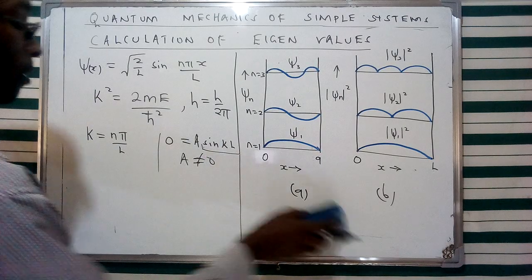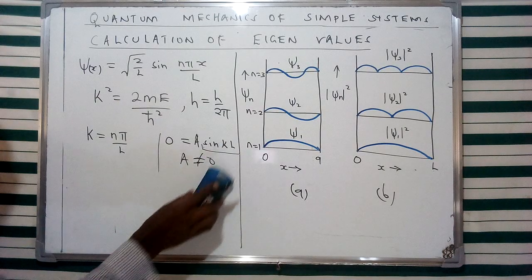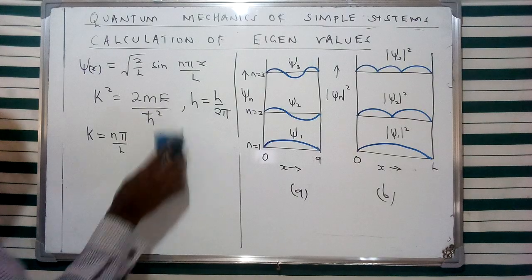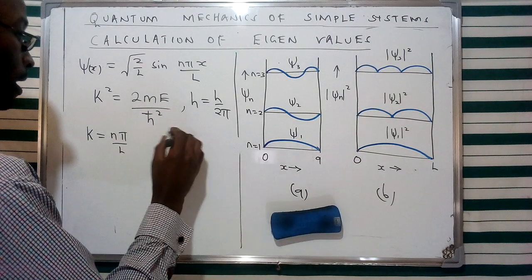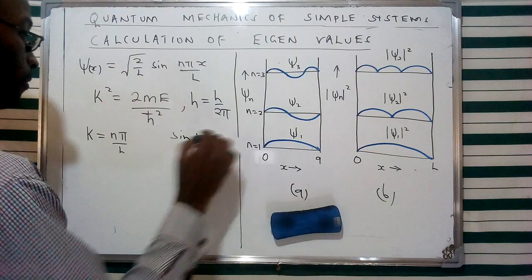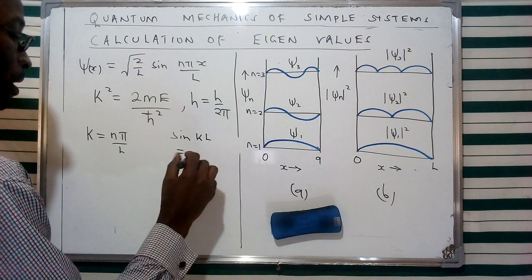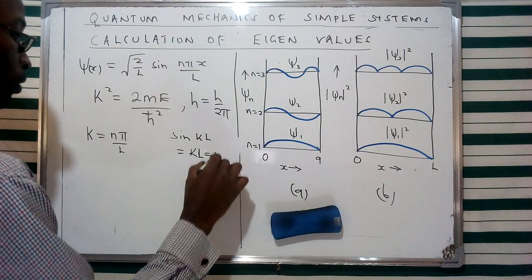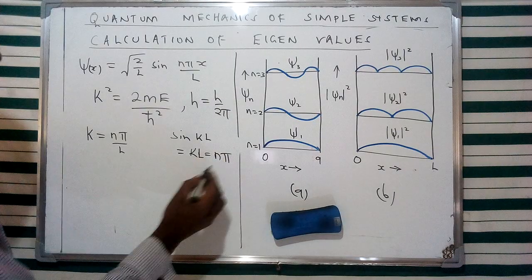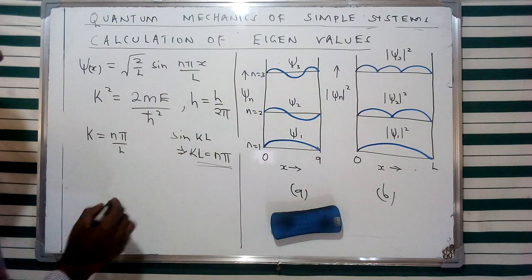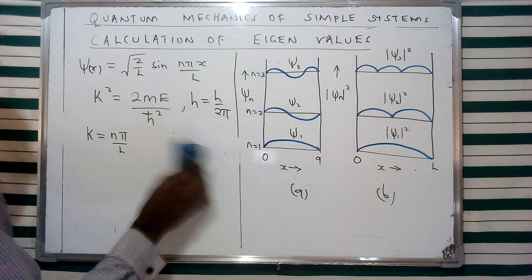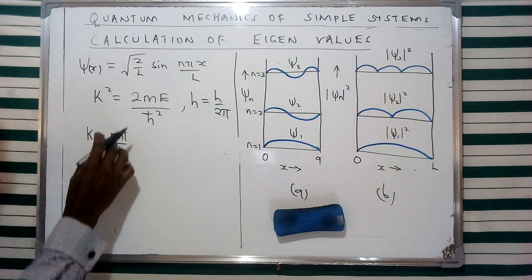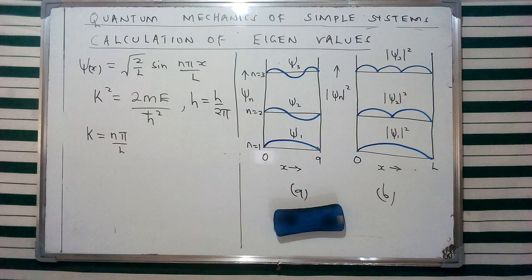And from the description of trigonometric graphs, we said that for the sine of kL equivalent to 0, this is equivalent to kL equals integer values of pi, and therefore k is equivalent to n pi over L given as such.